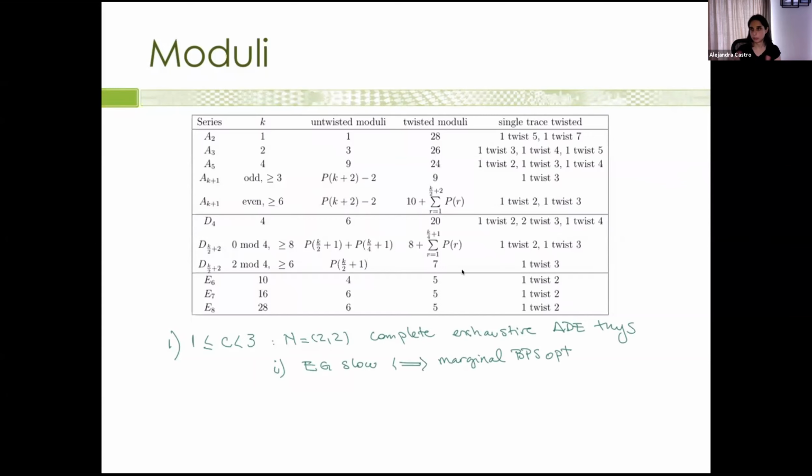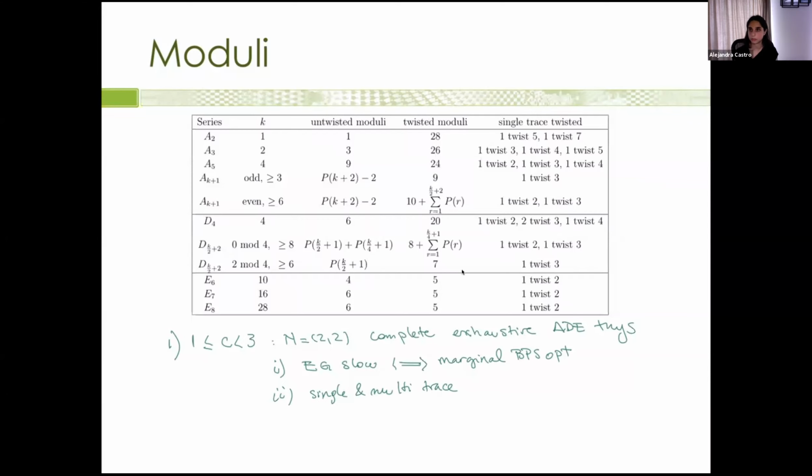Now, the other thing that is interesting is that there are both single trace and multi-trace operators. And the multi-trace ones can actually change the couplings in this putative strong coupling theory. So that's kind of interesting to explore.